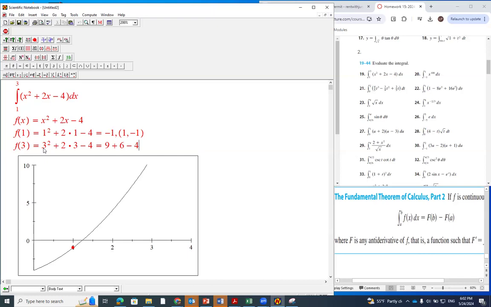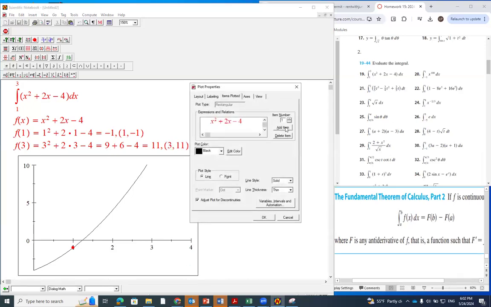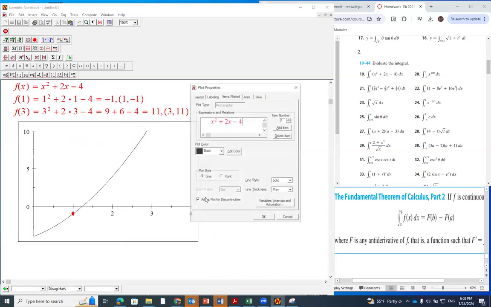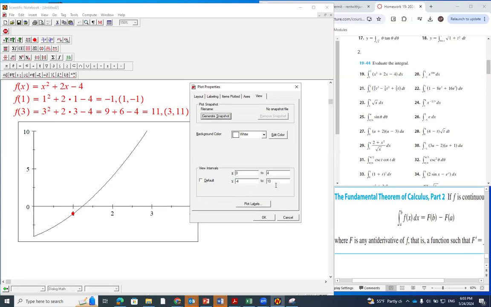That's 15 minus 4, which equals 11. So the point is (3, 11). We're going to plot the other point on the curve. We make it a red dot. That point doesn't show because I need to adjust the view.